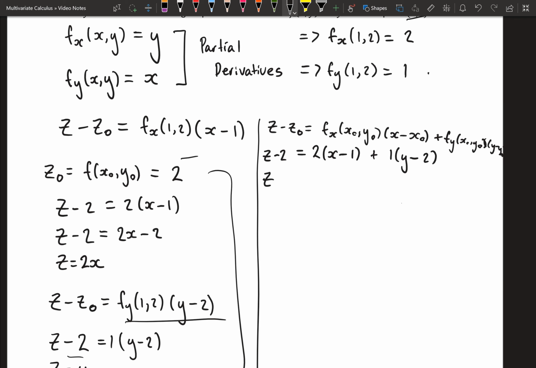So we get z is equal to 2 plus 2x minus 2 by expanding here, plus y minus 2. We get some simplification here. 2 cancels out with this 2. And henceforth we get z is equal to 2x plus y minus 2. And that is our tangent plane.